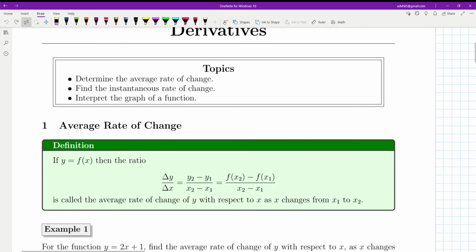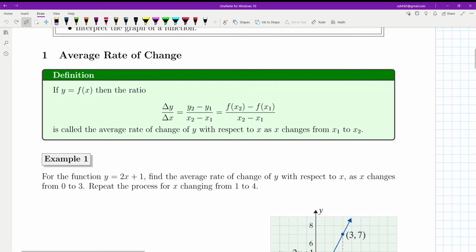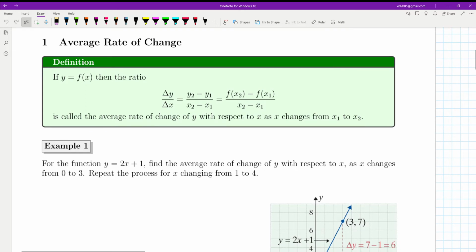So first of all, let's look at what the average rate of change is. For a function y equals f of x, the ratio delta y over delta x is y2 minus y1 over x2 minus x1. Where do we get that y2 and that y1?